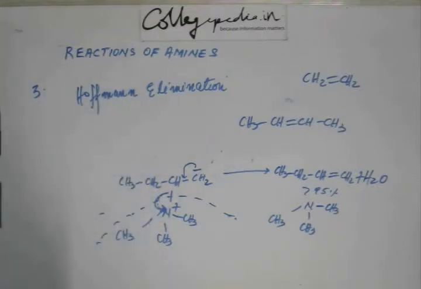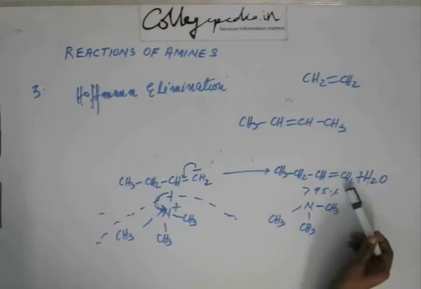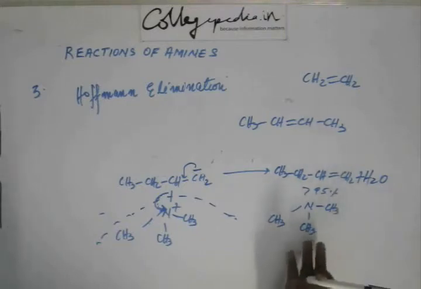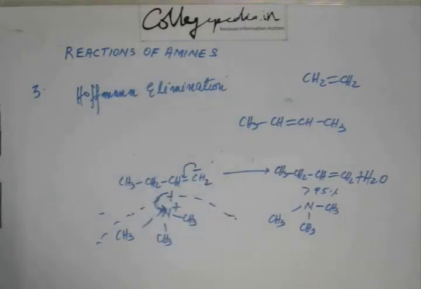Fine. So that's why Hoffmann elimination, because we are getting a thermodynamically less stable alkene, otherwise 2-butene would have been more stable. So this is as per Hoffmann rule. So this elimination they call as Hoffmann elimination.